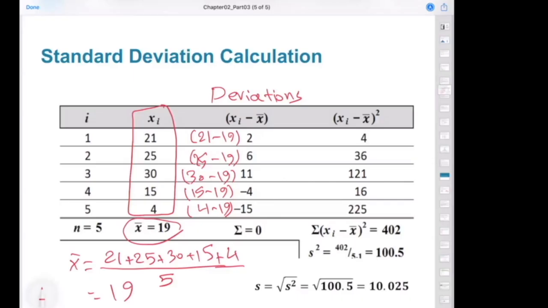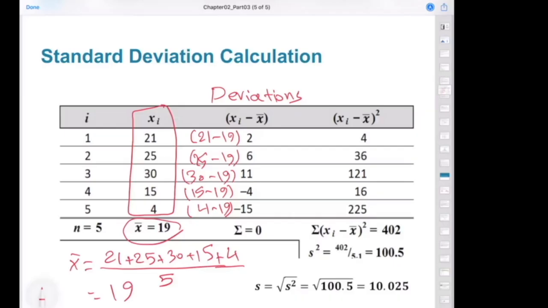Look, you also have negative deviations, -4 and -15, so it's -19. So the total is 0. Always you will find that. Have any data, find the deviations for them, and you will find that the sum is equal to 0. Okay? So because of that, we square the deviations.